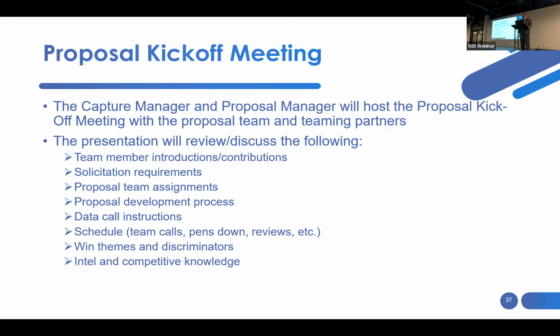So I usually do about 5 levels. I have contracts with the exact customer doing the exact same thing, so that's like a 5. A 4 would be, I do this exact same thing, but with a different customer. They're like a 3. So when handing out writing assignments to teaming partners, you want to give them the things that are 4s and 5s.